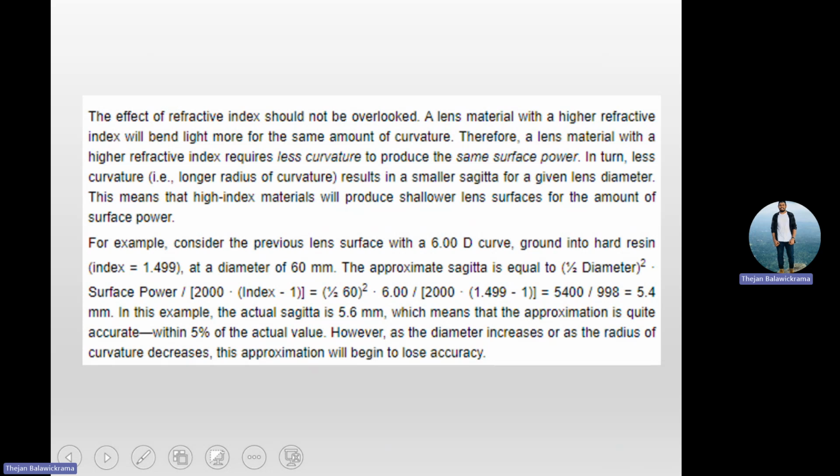For example, a lens surface of 6 diopters, made of resin with index 1.5, with a diameter of 60 millimeters. මේ ඔක්කොම values දුන්නහම අපි කොහොමද sagitta එක ගණන් කරලා බලමු. Actual sagitta is 5.6. Approximate එක ආසන්න වශයෙන් 5% margin එකේ තියෙනවා.